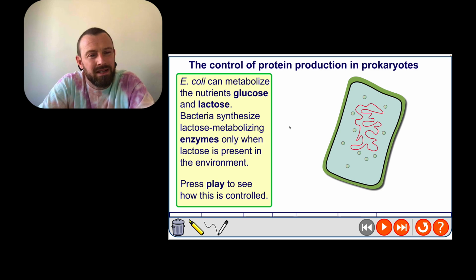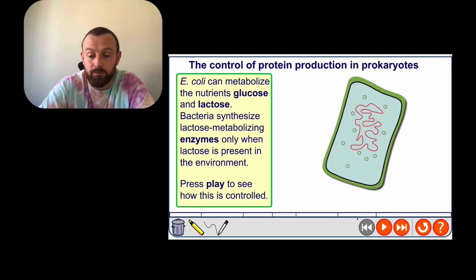It can also break down and metabolize lactose, but it won't bother producing the enzymes to do so if there's no lactose around, because lactose is a rarer molecule. So it will only start producing enzymes to break down lactose if it detects a small amount of lactose present. That's good because it means it doesn't waste energy producing enzymes it doesn't need to.